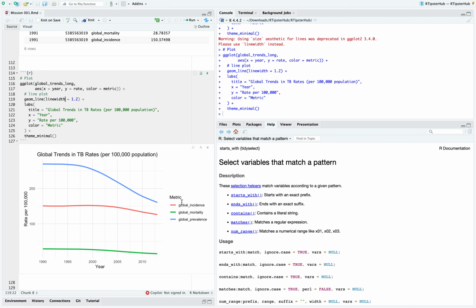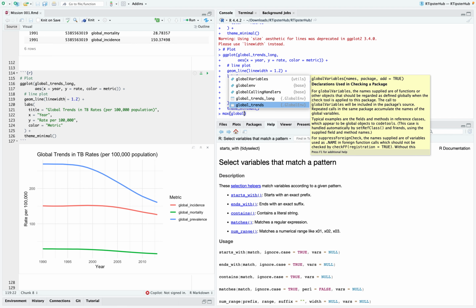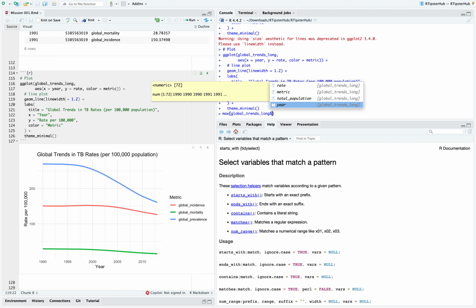First impressions: global prevalence was at a plateau at least until 1998 or something, and then it has been going down since then. Global incidence plateaued until 2005, then we see a slight drop until, let's see, I want to see the latest year in the data set.